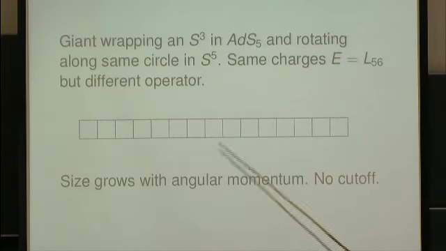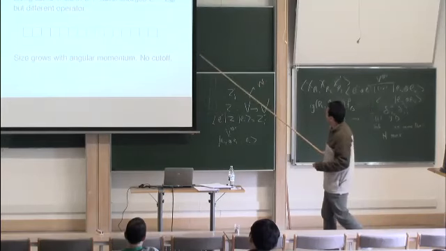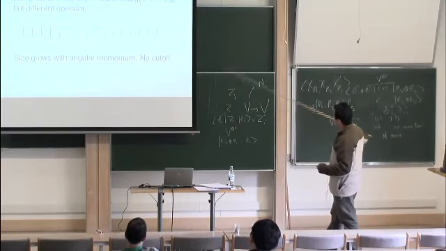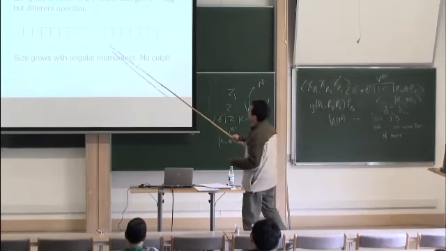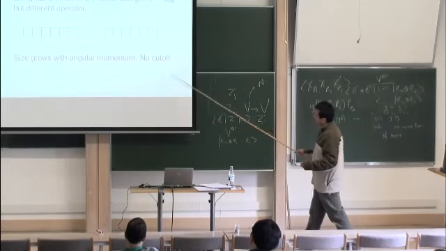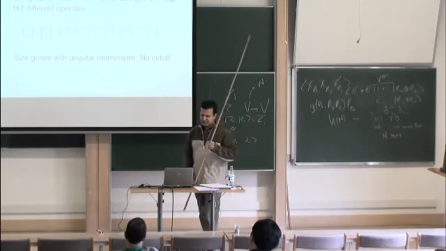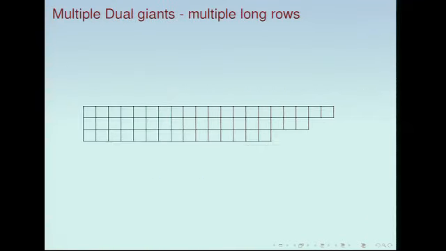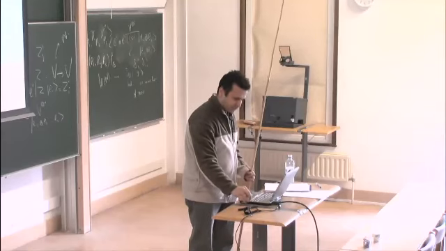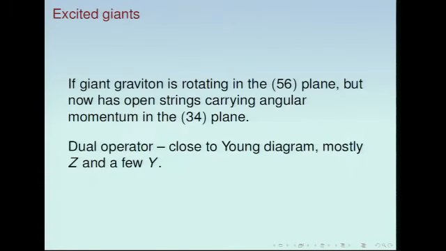So gauge theory naturally offers you a candidate for them, because instead of having long columns, you can have long rows, and from group theory there is no cutoff here, and the size can grow as much as it likes with angular momentum. And the candidate dual for multiple dual giants is multiple long rows, and this picture has been tested in many different ways, and I won't really get into that here.